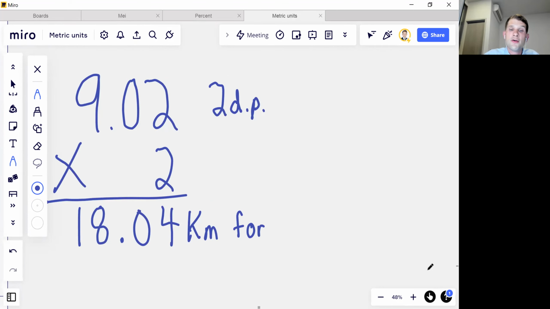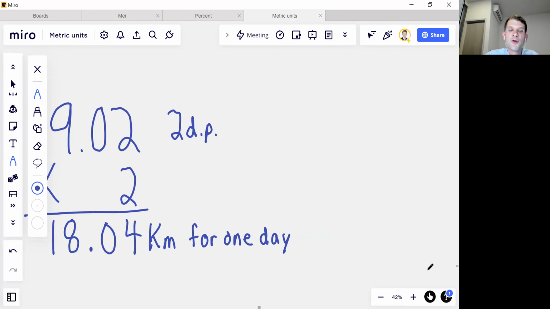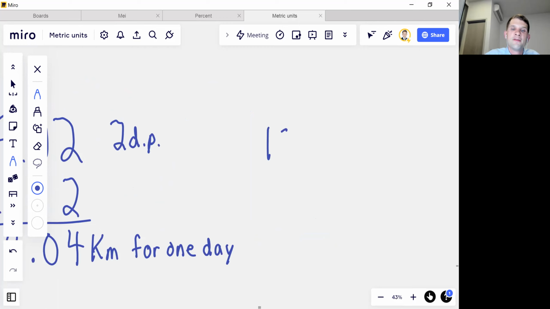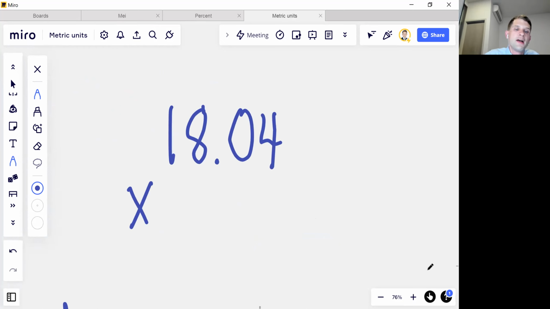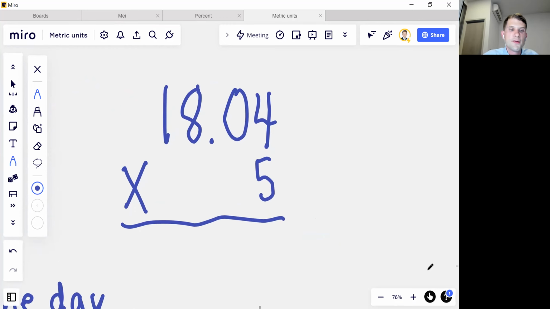And then we know that we are going to have to find 5 days. So let's take this one day total, and we're going to multiply that by 5. So we take 18 and 4/100ths for our one day total, and we're going to multiply that by 5. And that should give us our total for 5 days. Let's go ahead and do that.